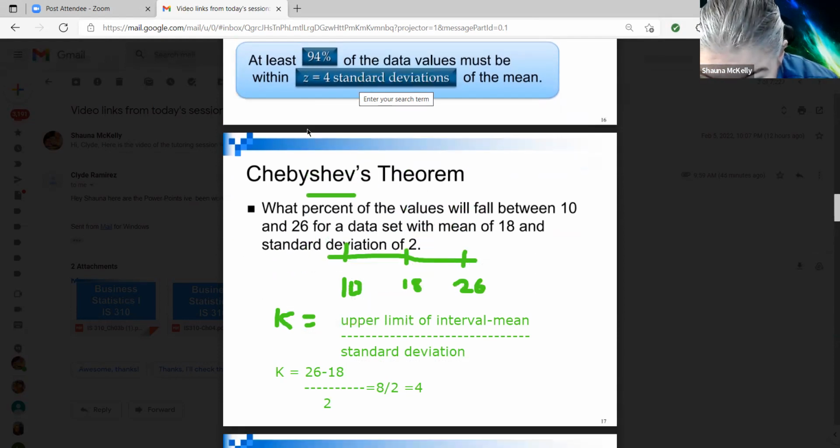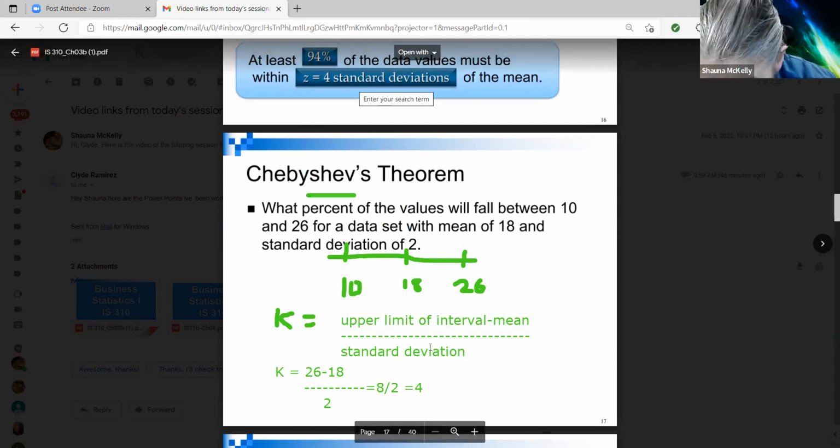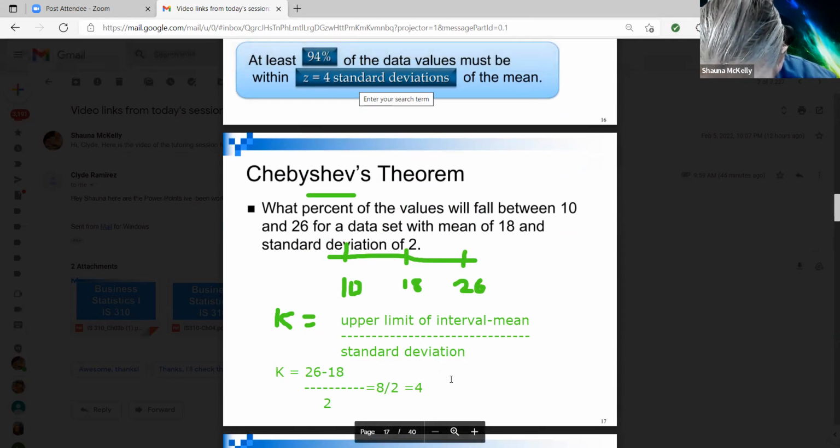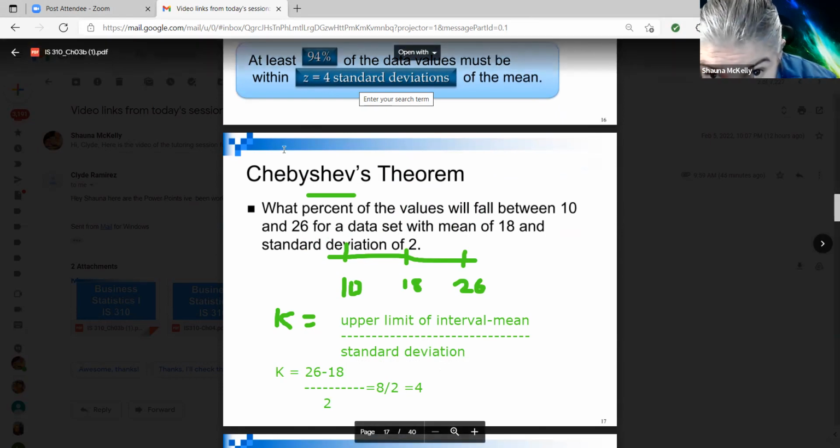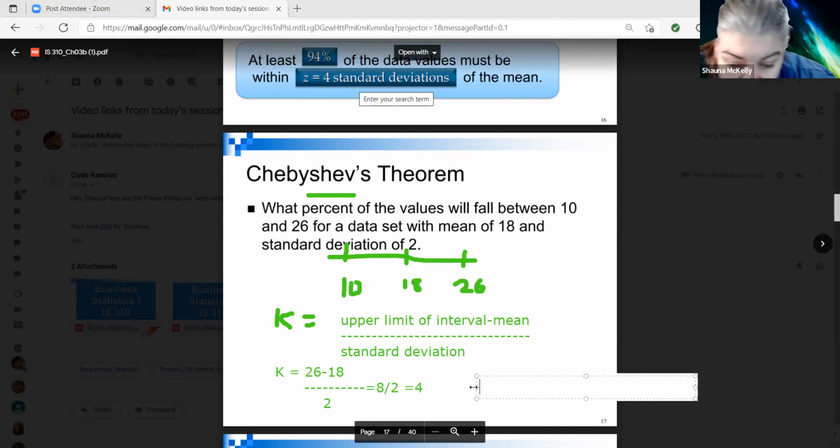Okay. Now, how would you get that if she hadn't calculated it? You would come over here and use your trusty formula with k equal to 4. The percentage is greater than or equal to 1 minus 1 over 4 squared.